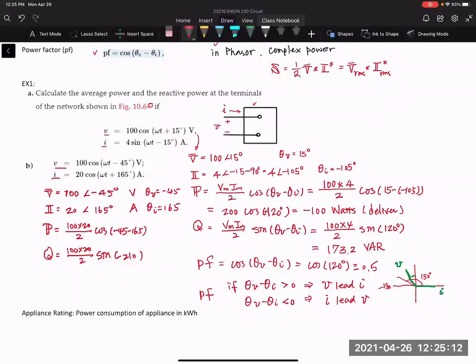So this is also equal to 150 degrees. Then you can use the same way to find the power factor by using this.